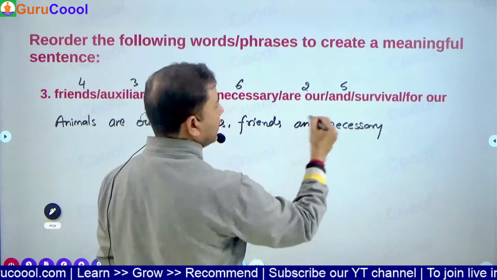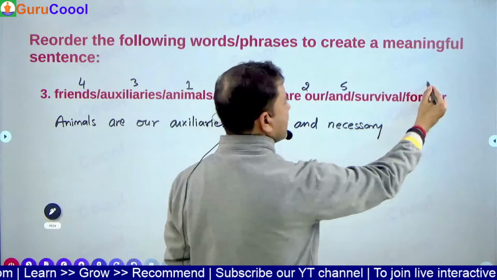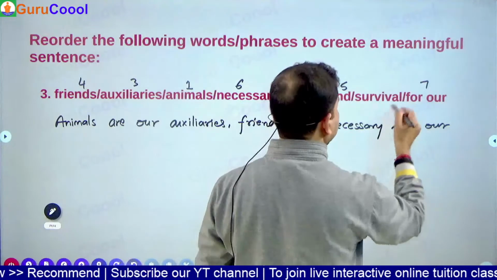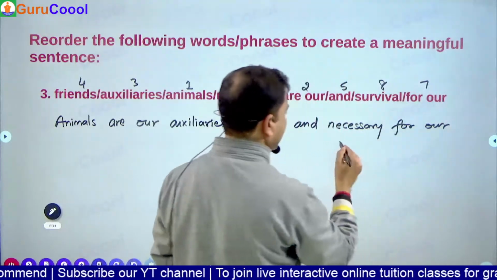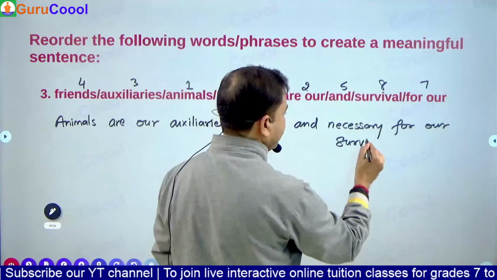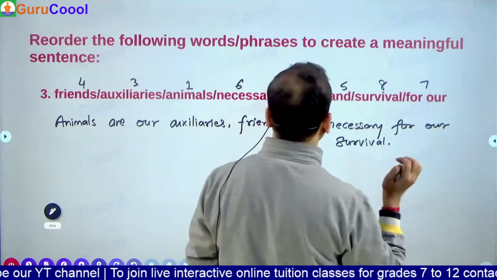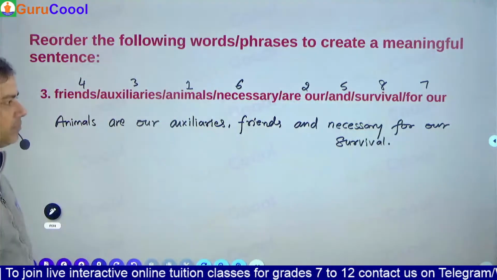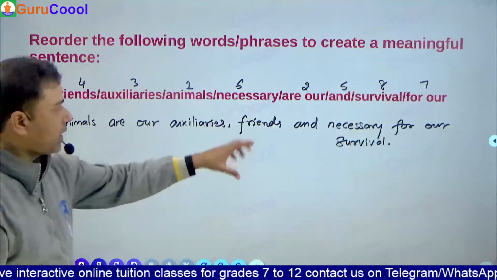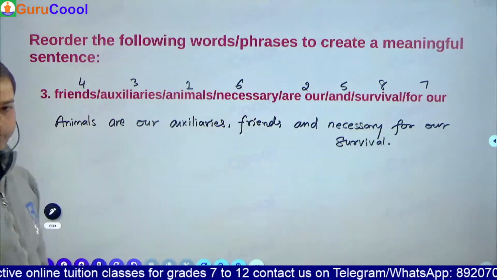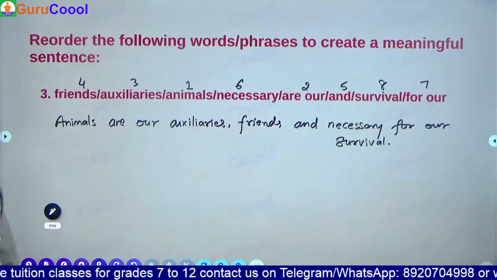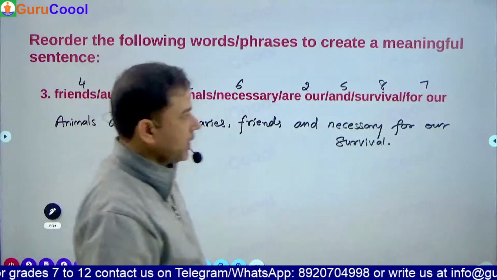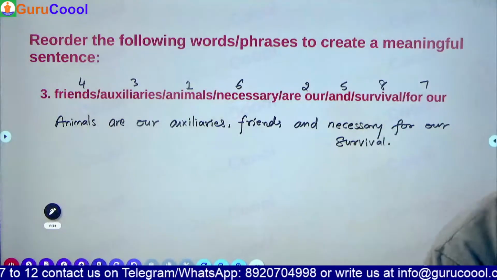Necessary for our, seventh position, for our, number eight, survival. I think all the words are included now, and check the meaning, check the structure and meaning both. It should be correct meaning wise and structure wise.